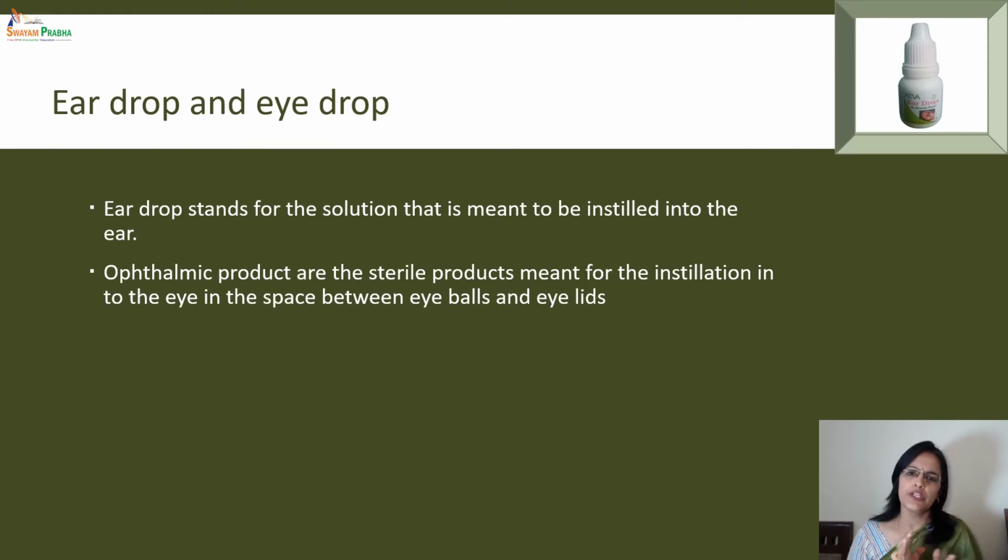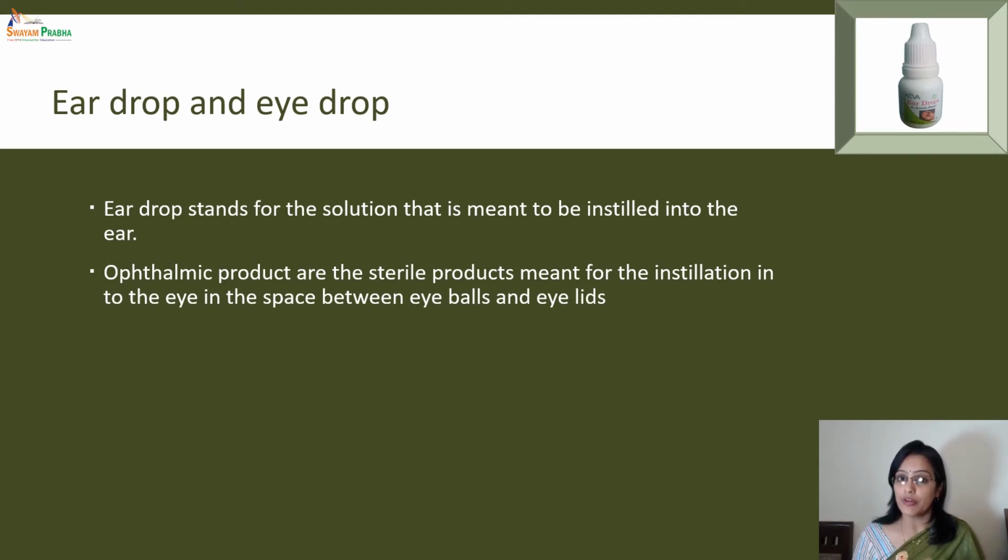So let me introduce you to eye drop and ear drop. See, ear drop is a pharmaceutical preparation. It is in the form of solution that is meant to be instilled into the ear.